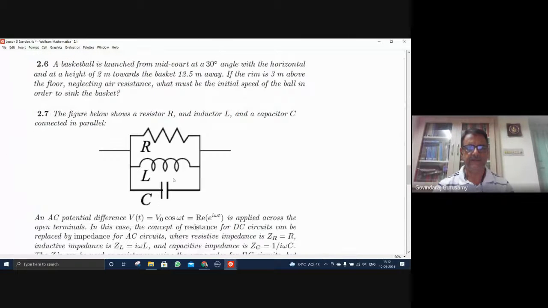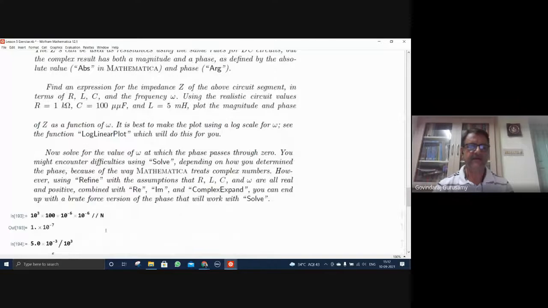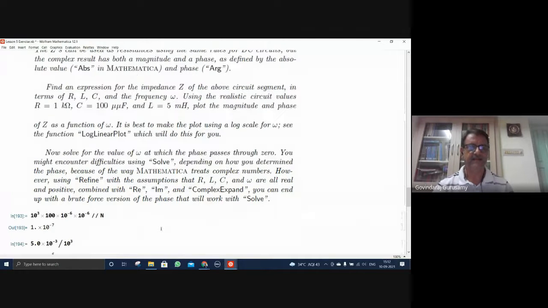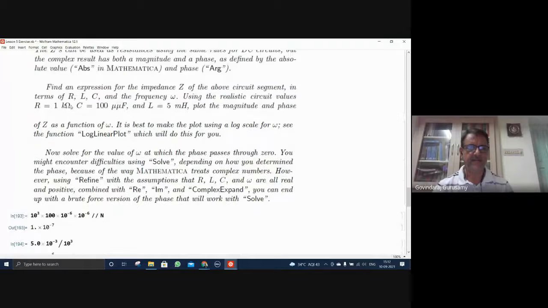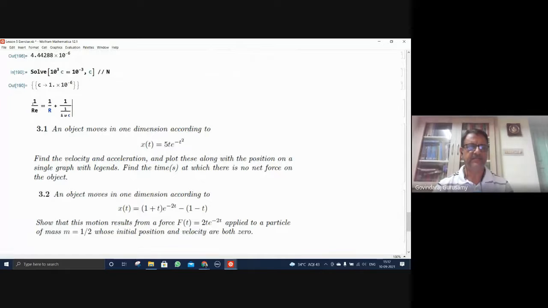I have removed the inductance, I don't want it, I just retain C alone. Later on you can add it. How do you do that? Just add I omega L. That's all. Get the point? If I include I omega L, then all 3 have been taken into consideration. Let us do the first 2 and then see the third one, which you can make an effort at.